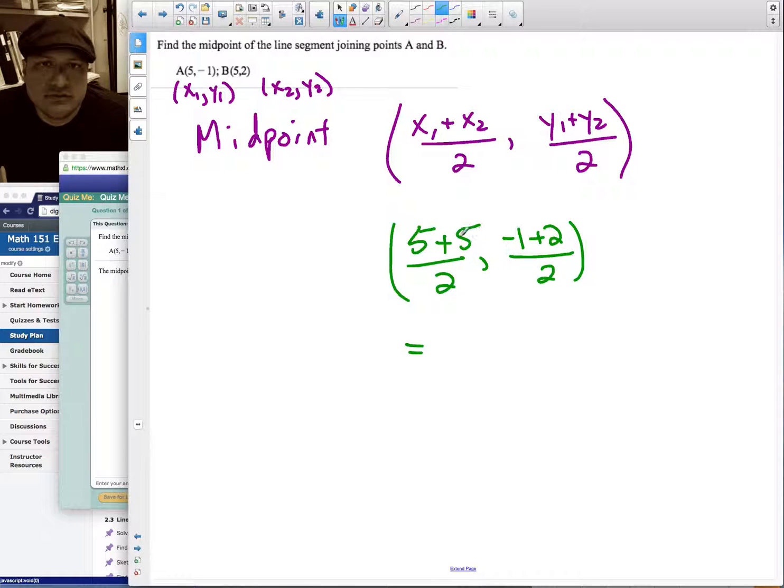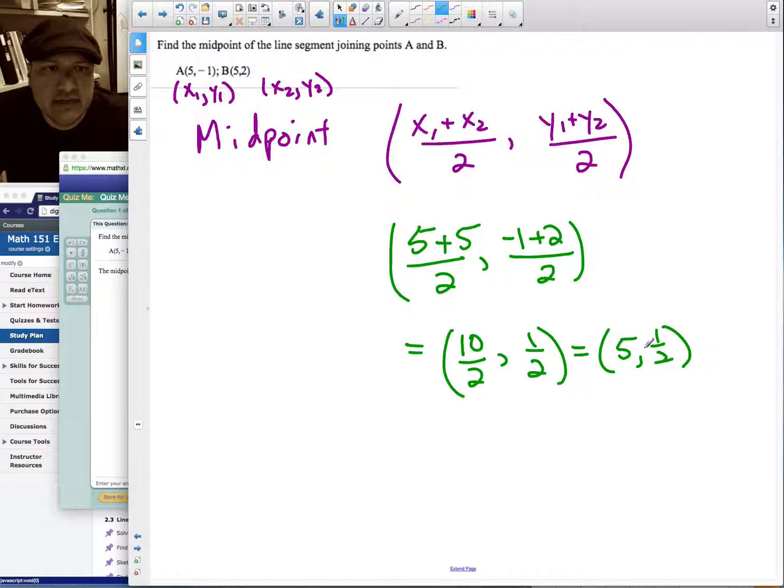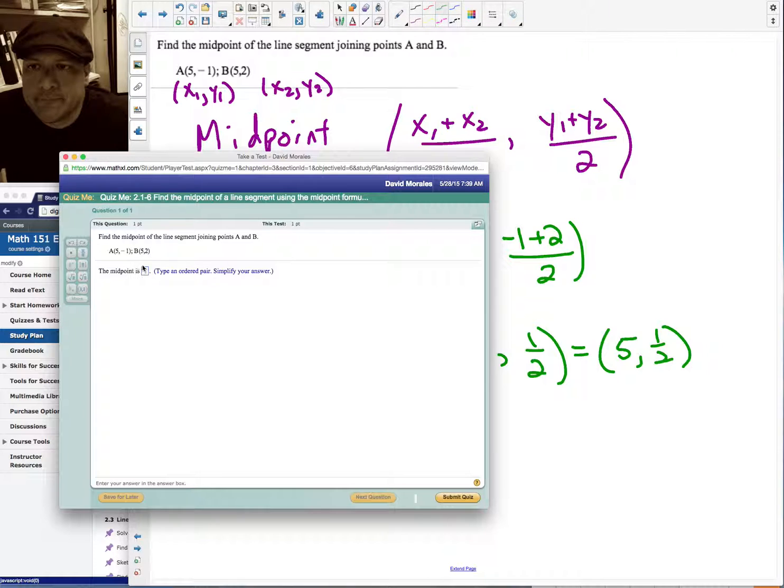And this is equal to 10 halves, and 1 half. 10 halves is 5. 1 half is 1 half. So (5, 1/2). Notice it says simplify your answer, so that's why you need to put 5 and not 10 halves.